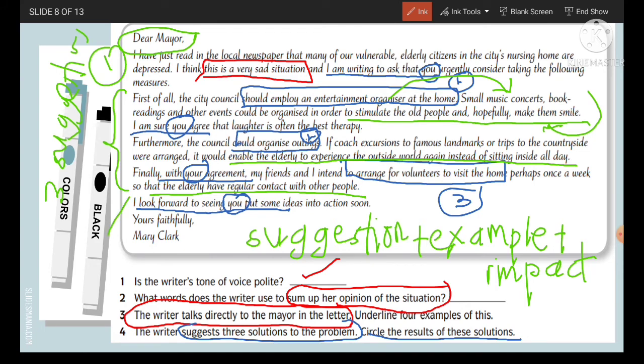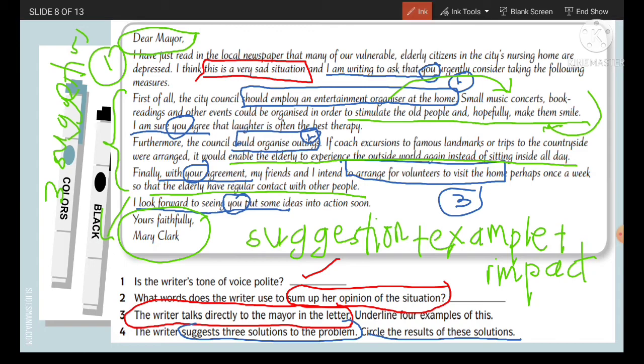And this one is the closing part. And alright, here comes your signature. So you have to write down the phrase, yours faithfully, and straight away write down your name. Okay, so we have done with this.